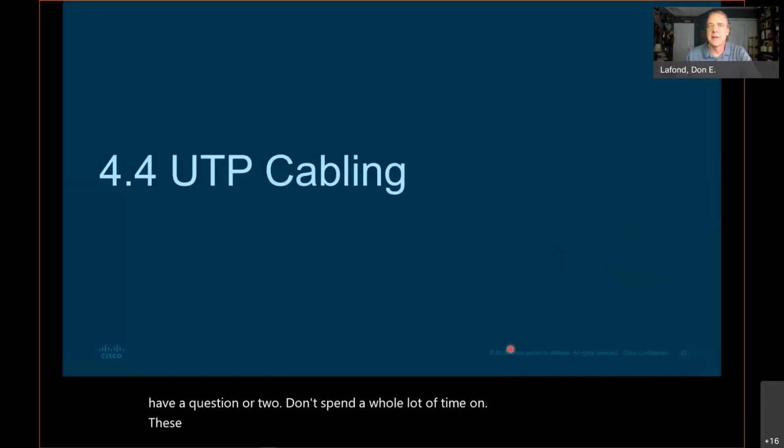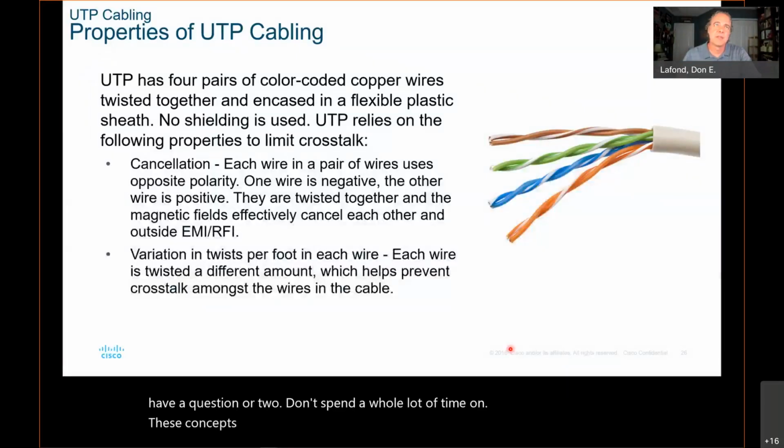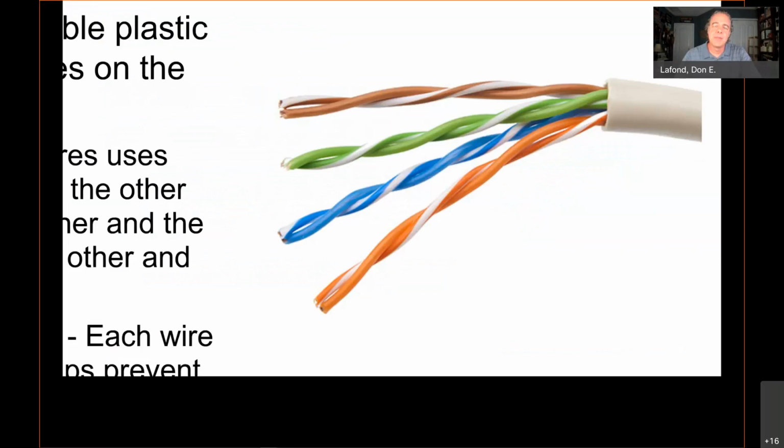UTP cable, that's unshielded twisted pair cabling. And I want you to look at the actual cable itself. I'll zoom in so you can see it. The amount of twists per, I forget if it's foot or meter.